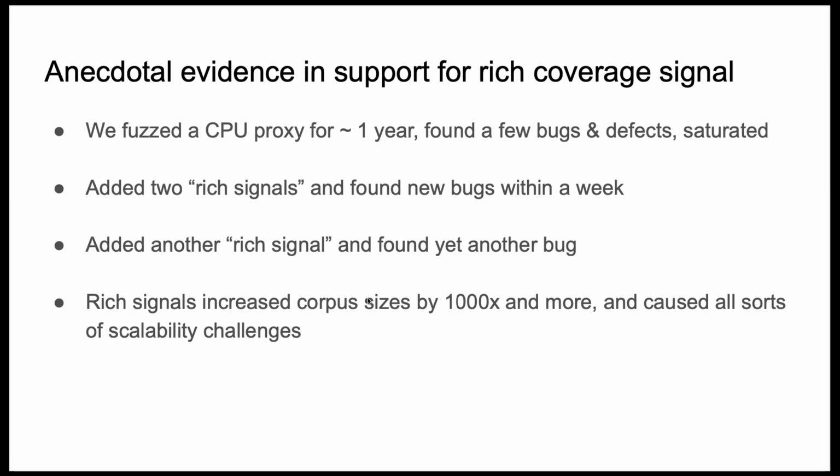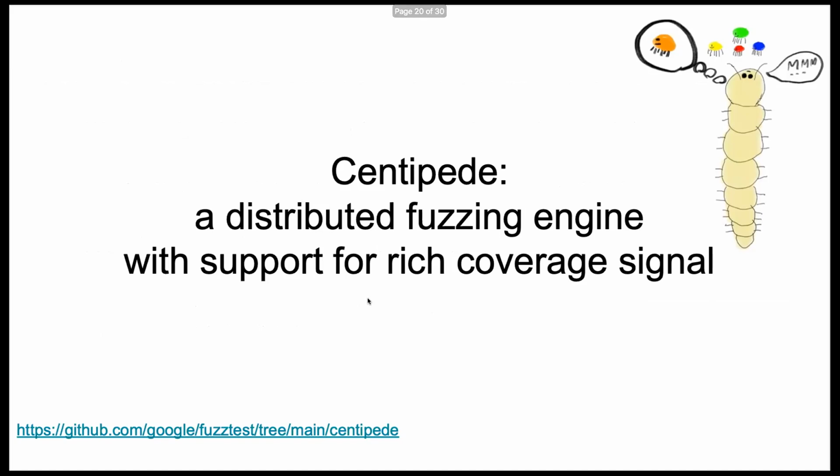We ran out of quotas for disk, for memory, for CPU, all of those things, and we're still catching up to the scalability. So the signal we use is so rich that we're not able to fully utilize it yet. But that's the essence of the work that the third part of my talk is about.